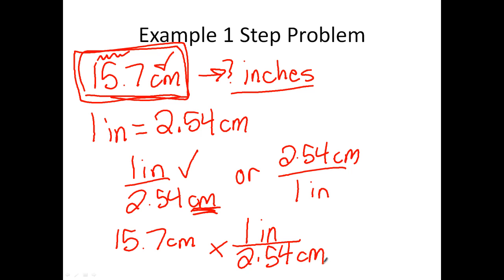When you're multiplying these two together, these centimeters divide out, and you're left with your inches, which is what we want. And if you plug this into your calculator, you get 6.18 inches. So now we have successfully converted 15.7 centimeters into inches.